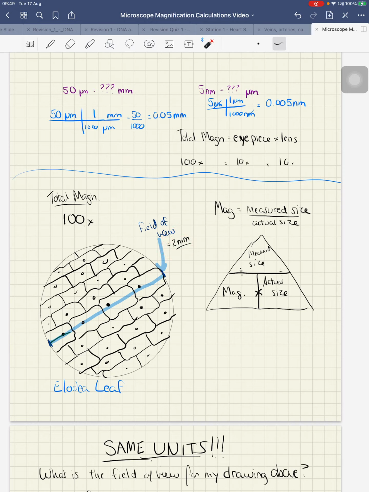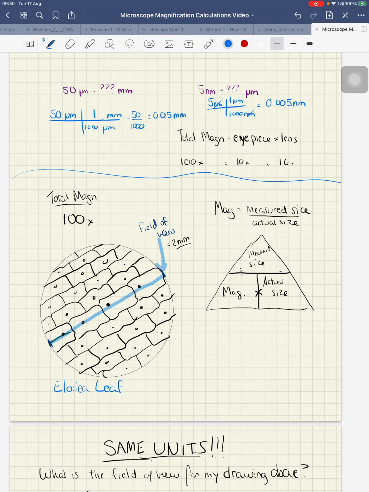Notice here I've said the total magnification is 100. The total magnification is the eyepiece, what you look through from the previous activity, times the objective lens. So 10 times 10 is 100x. This is the magnification we're looking at here. The equation is the measured size over the actual size.